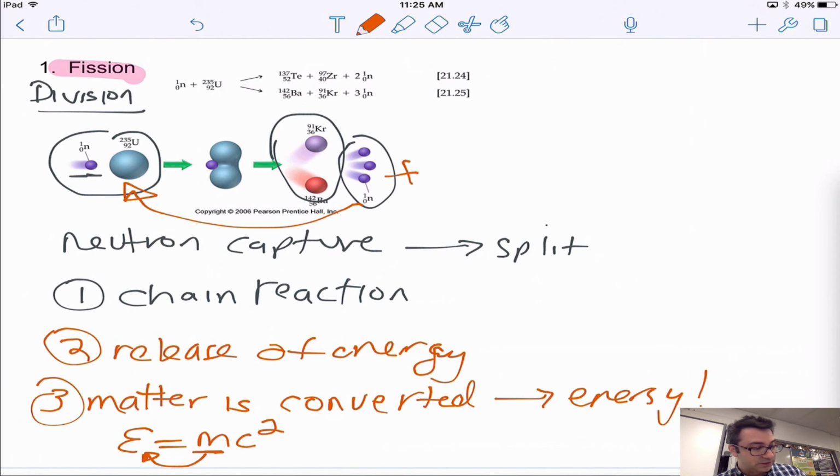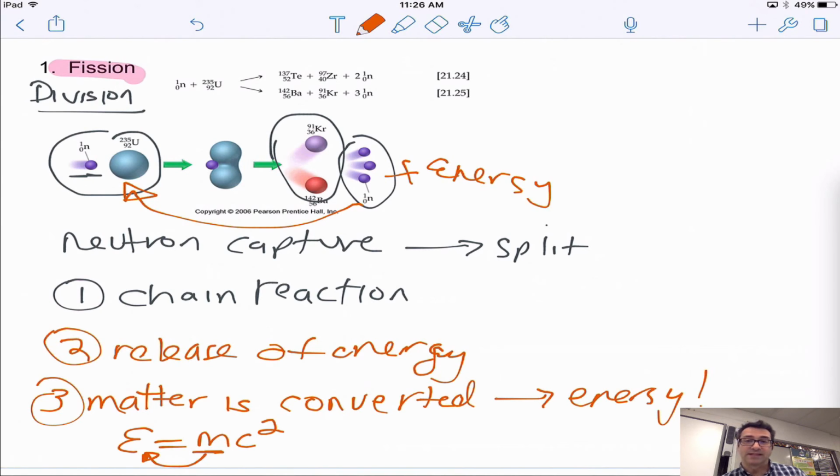So here we have a ton of energy being released. This is much greater than what you would normally find with a conventional combustion reaction. If I were to combust natural gas, it would give off thousands of joules. With this one, it is giving off so much more energy, like a terajoule.